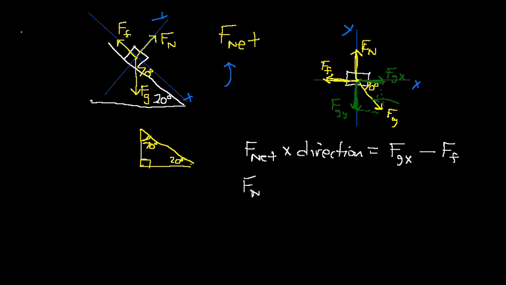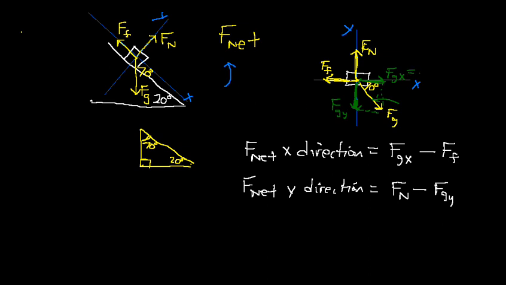And the net force in the y direction is going to be the normal force minus the force of gravity in the y direction. Because you have the normal force here, and here's the force of gravity component in the y direction.